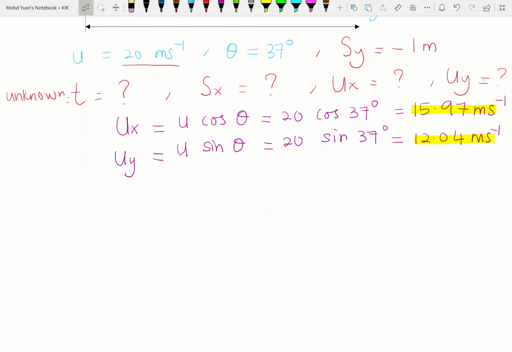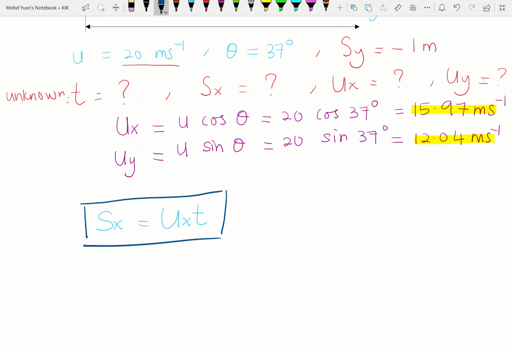From the known and unknown quantities that we listed before, let's decide which equation to choose to solve the problem. Since the question is asking for Sx, the most suitable equation is Sx equals Uxt.